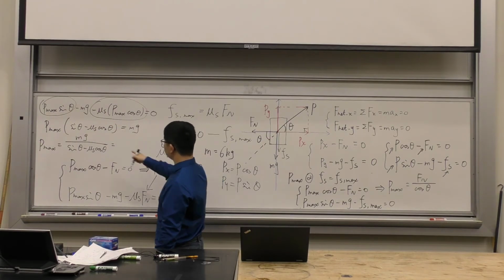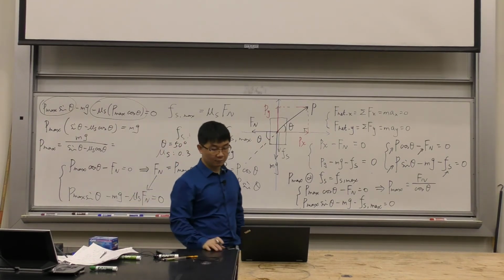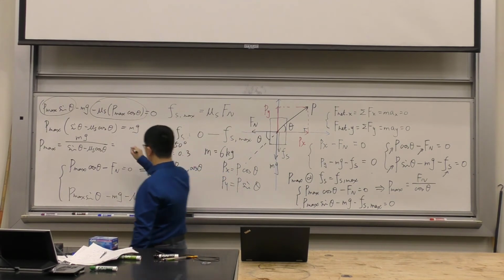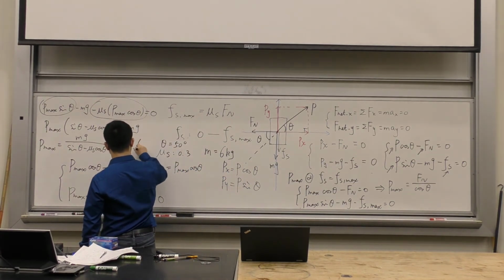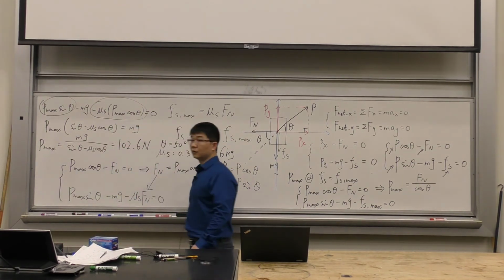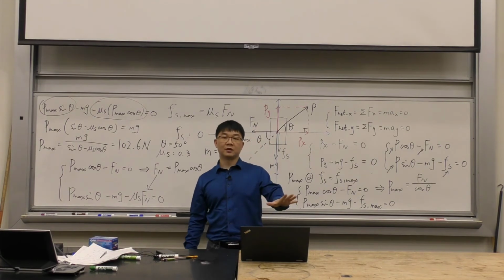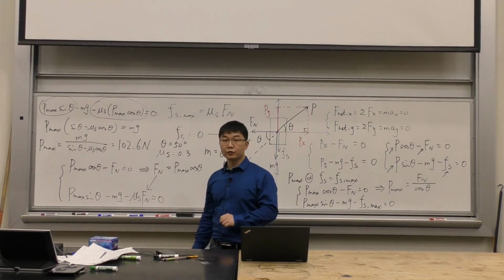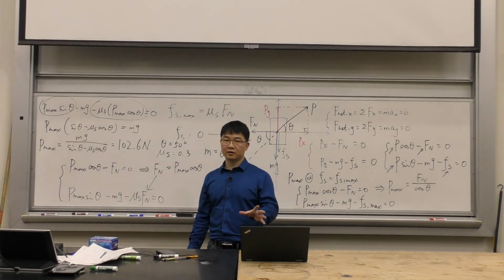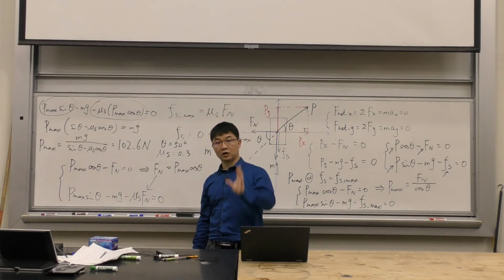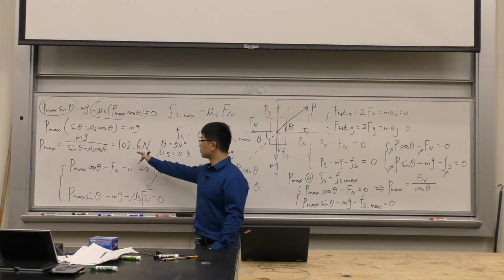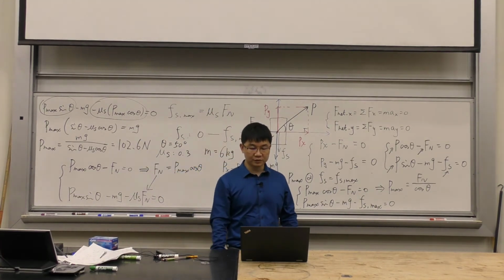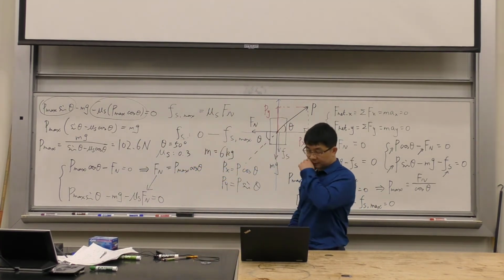You plug all the numbers in, so the upper bound is going to be 102.6 newtons. So that's the maximum P you can apply. If you apply a force like 103 newtons, no, it's not going to stay there, it's going to start to move upward. Okay, so that's the maximum value, that's the maximum force P you can apply on this block.